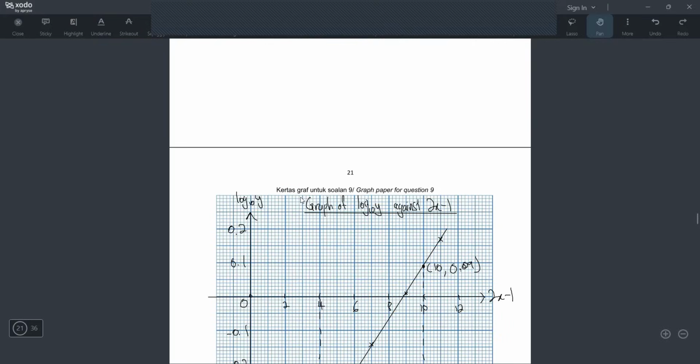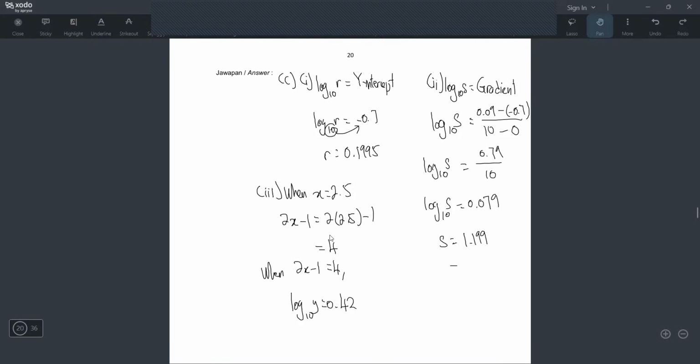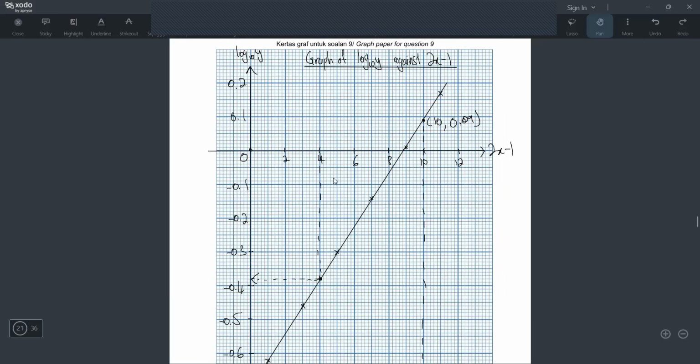I'm trying to see what's wrong here. 2 times 2.5 minus 1 is 4, right? So 2x minus 1 is 4. 4 is here, ma. So tarik lah. Let me see what's wrong here.